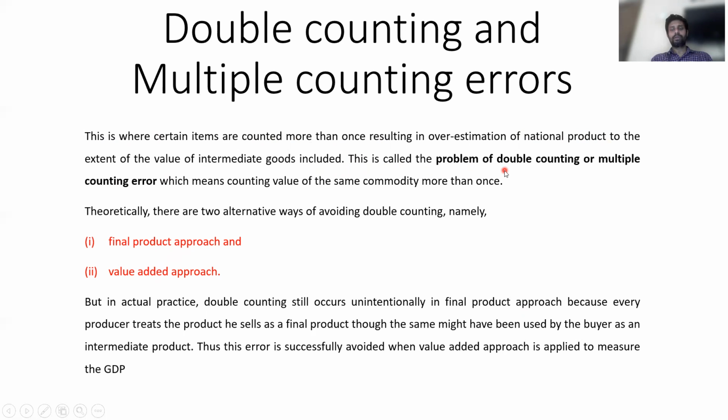This is called the problem of double counting or multiple counting error, which means counting the value of the same commodity more than once. Theoretically, there are two alternative ways of avoiding double counting error, namely the final output approach and the value added approach. So we can use either one.